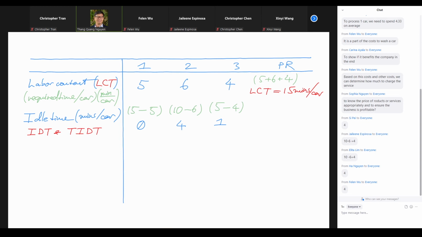So we have 1 minute idle time for each car at station 3, right? So in total, we can add them up. Then we have 0 plus 4 plus 1. Then we have the total idle time, TIDT, as 5 minutes per car.